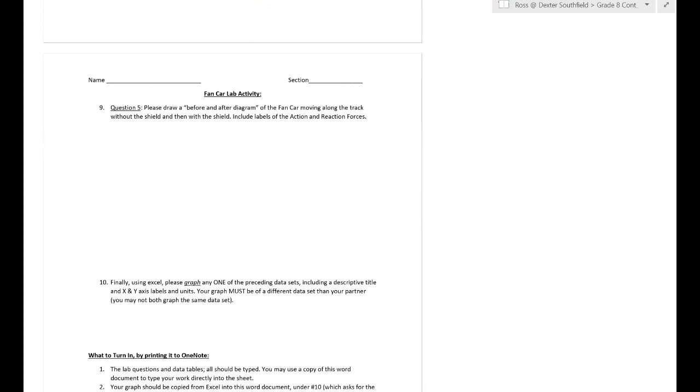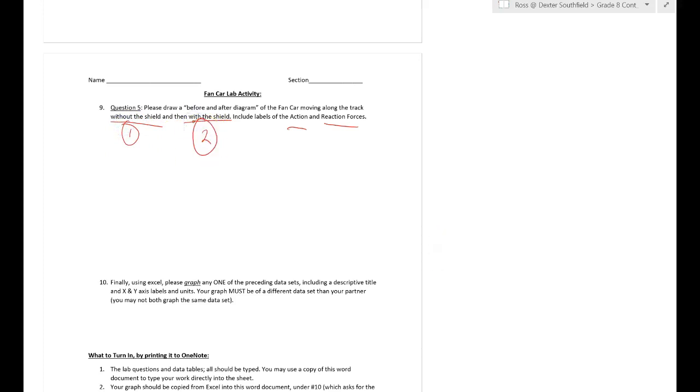In question 5, we're doing a drawing. So we're doing a before and after diagram of the fan car as it moves along the track with the shield and without the shield. We need to label the action and reaction forces. So this essentially is a 2-part drawing. 1, without the shield, normally moving. 2, with the shield.